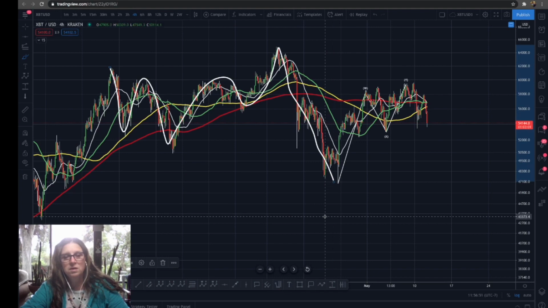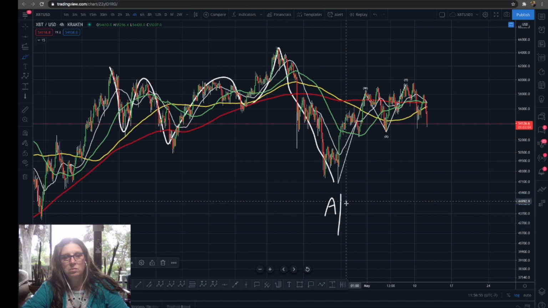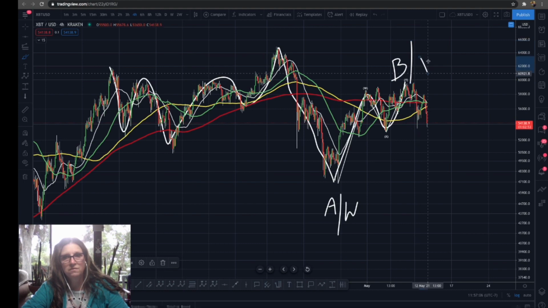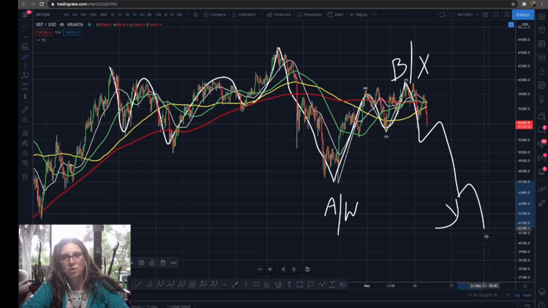But this is an A or a W. This has created 3 waves up for a B or an X, and this was in my last video. And then what happens here is we either get 3 waves down for a Y or 5 waves for a C. That's the bearish scenario.